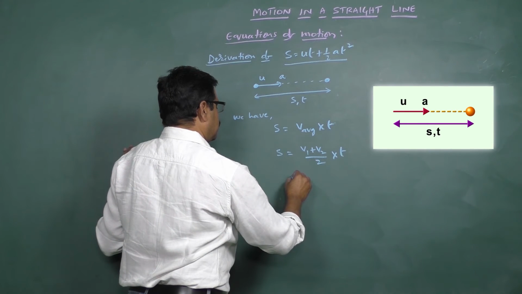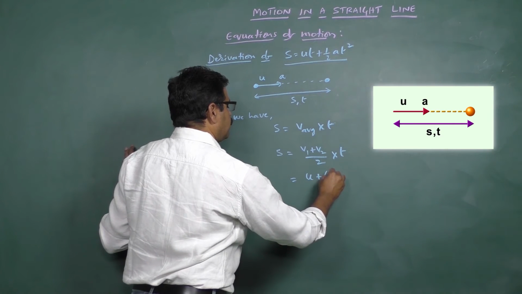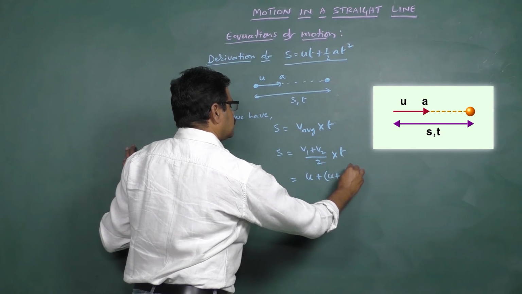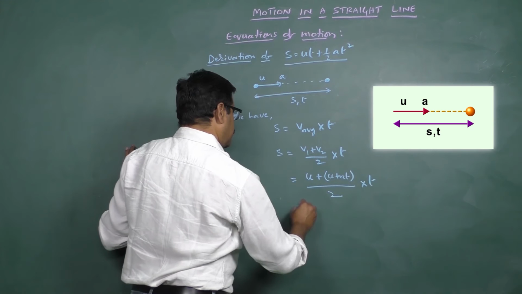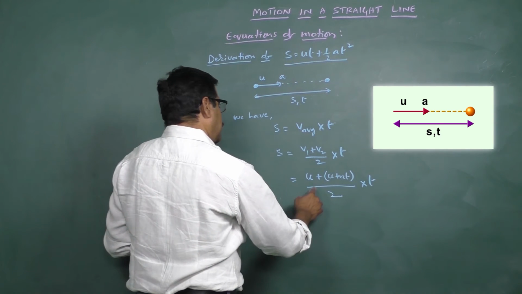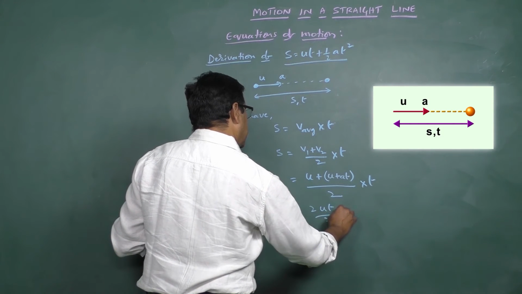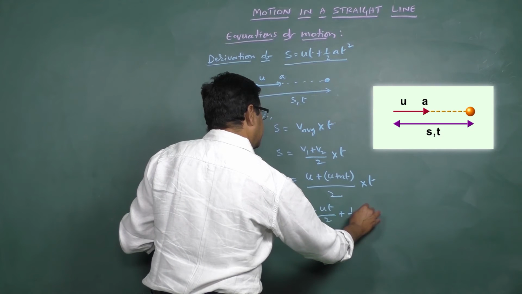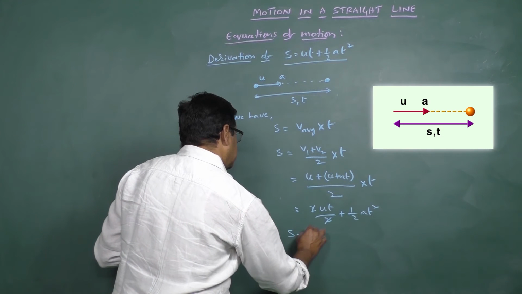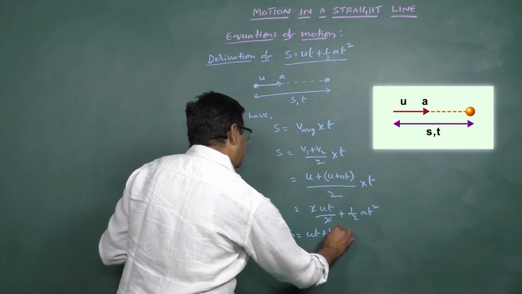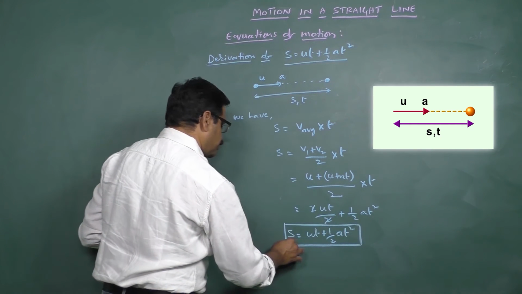Here v1 is the initial velocity, that is u, and v2 is the final velocity, that can be written as u plus at. So s is equal to u plus u plus at by 2, into t. When I simplify, I get 2ut by 2 plus half at square, so s is equal to ut plus half at square. This is our second equation of motion.